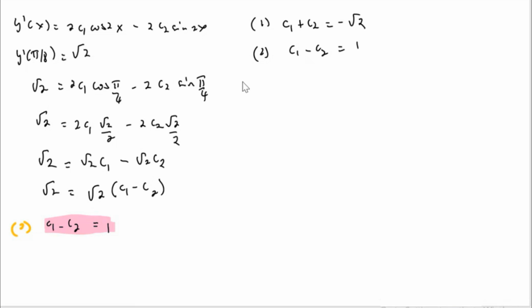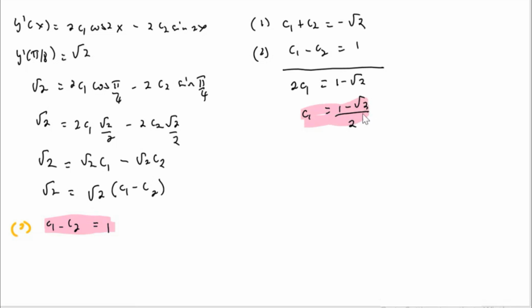Therefore, I will use the elimination method by adding the two equations. So therefore, we have 2 c sub 1 is equal to 1 minus square root of 2. Then solving for c sub 1, we have 1 minus square root of 2 all over 2. Now, that is our value for c sub 1.